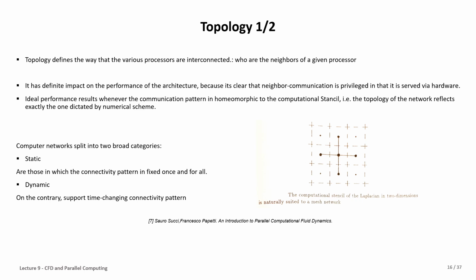We will see the methods available for these different categories. So it's very important to know the topology application on the processors to get good performance of the solution with CFD on high performance computing.